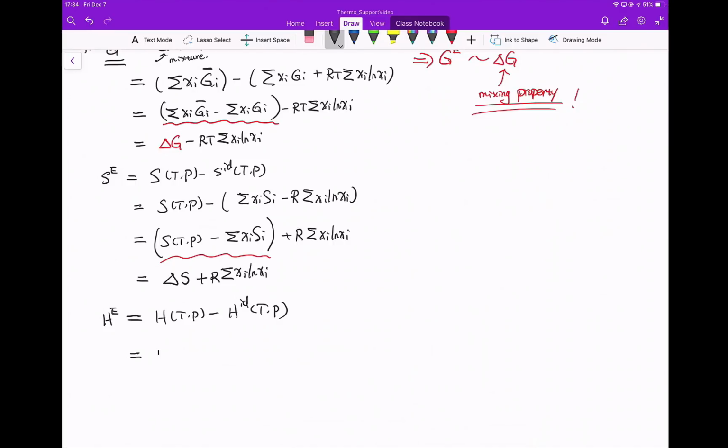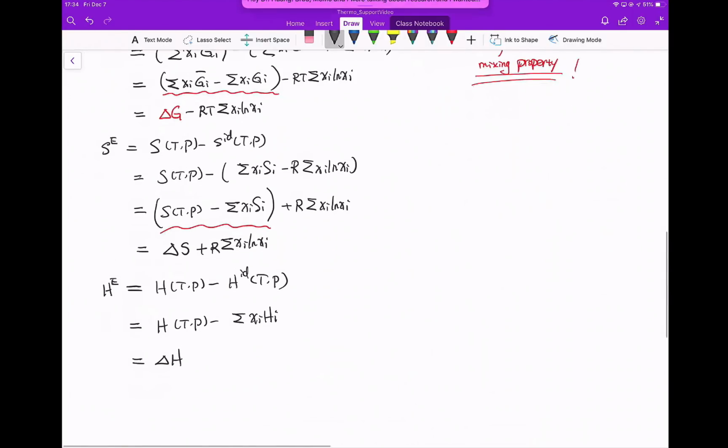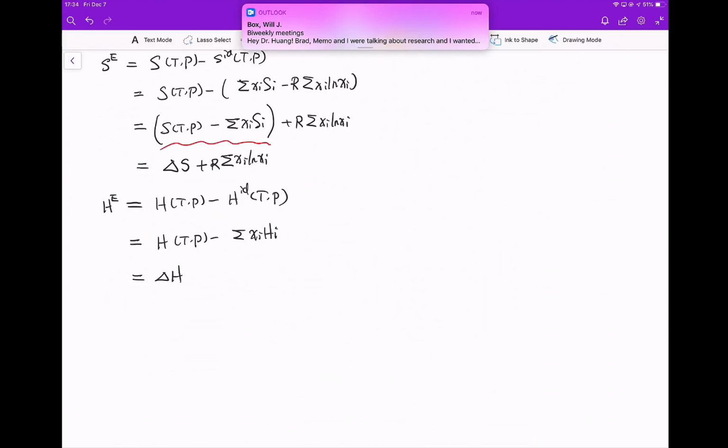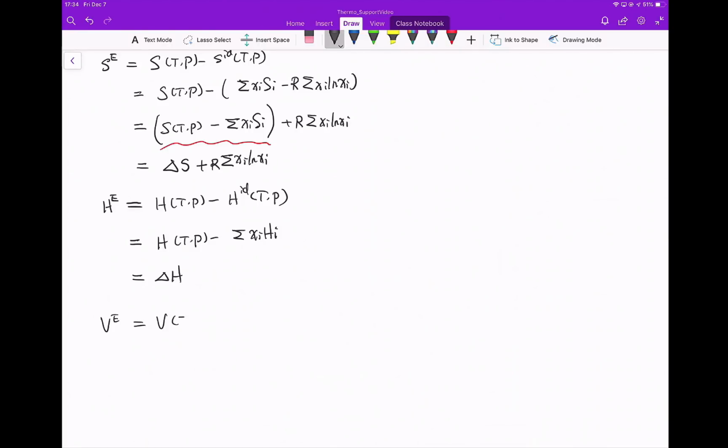Now we use the equation, and that is just delta H. For the volume, ideal solution at T, P, that is V at T, P minus xi Vi, which is delta V.